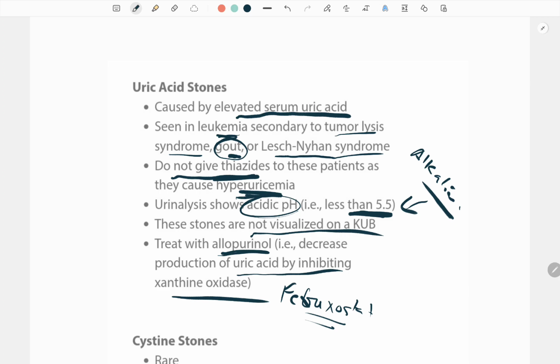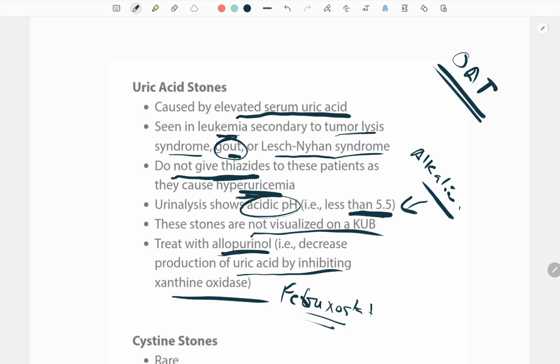Now this was one point. The second point is that probenecid and sulfinpyrazone inhibit organic anion transporters, OAT, which normally function to absorb the uric acid.